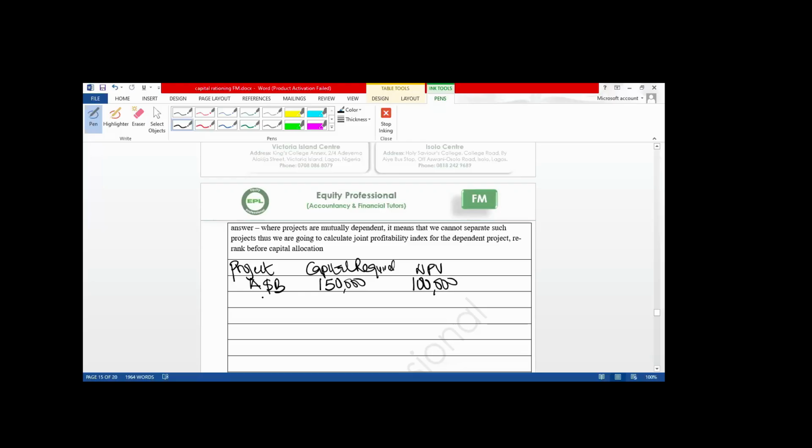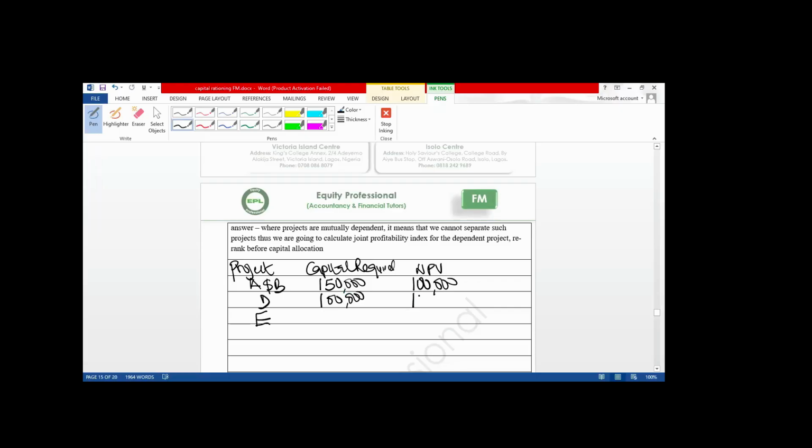You now go to project D and project E. You are not going to pick project C because project C is not financially viable, a negative NPV project. Capital required for project D, 100,000.